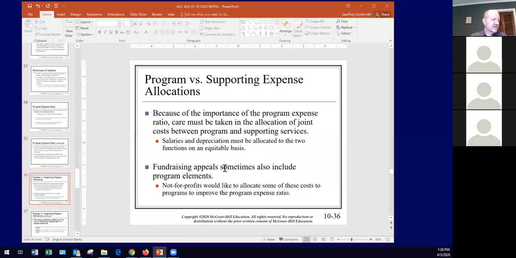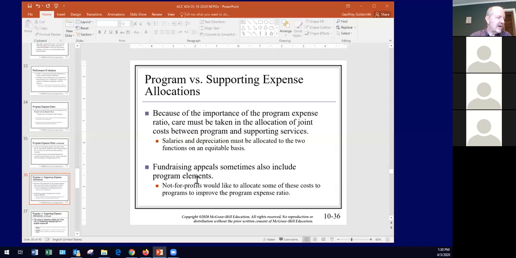Fundraising appeals sometimes also include program elements. What they mean by that is that some organizations say their mission includes educating people about their mission. Therefore, when they send out fundraising appeals, they consider them advertisements telling people what their mission is.